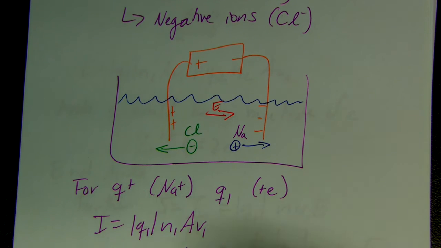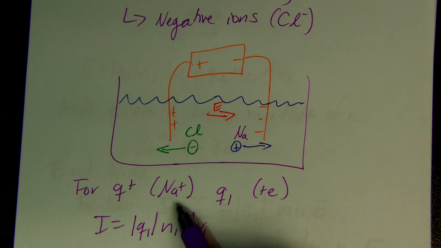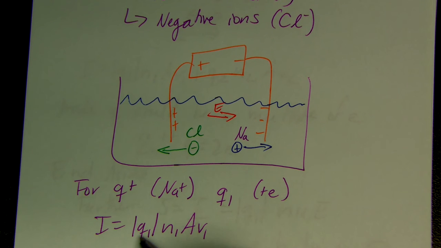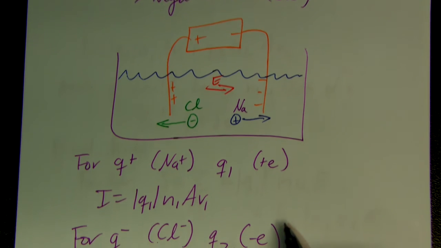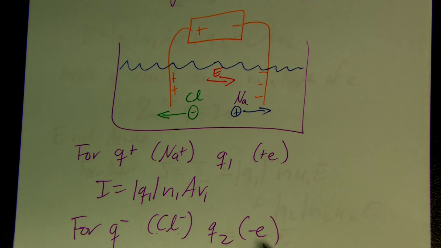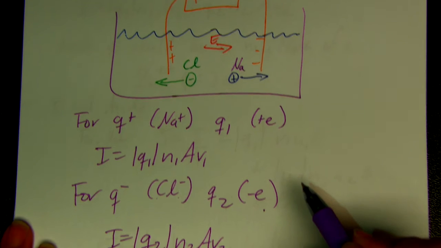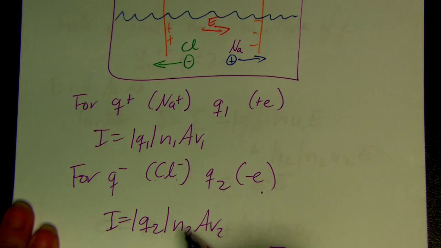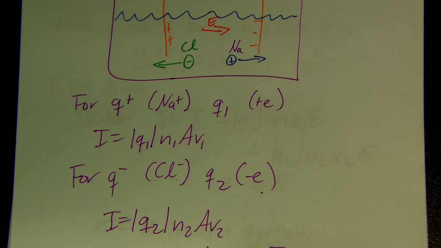Breaking this down, for the positive charges, the sodium plus, we're going to call them Q1. Conventional current is equal to Q1 N1 A V1. And for our negative charges, this is from the chloride ion, we're going to call it Q2. It has charge minus e. And current is equal to the absolute value of Q2 N2 A V2.